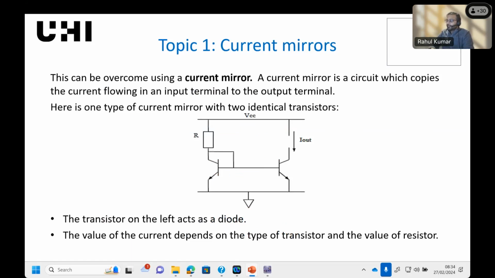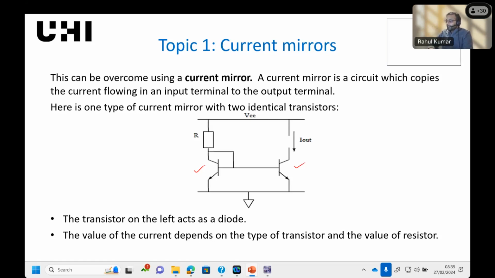So for example, you can have BC548 or 549, but both the transistors, if you are using BC548, both of these transistors should be the same. So for implementing this current mirror, we have to use two bipolar transistors of the same type.